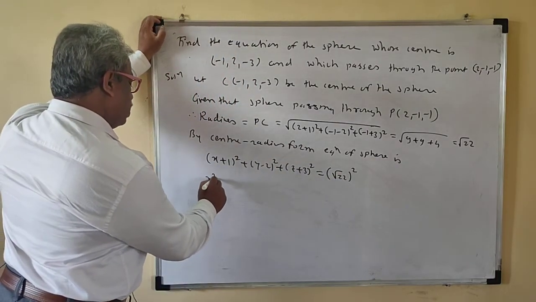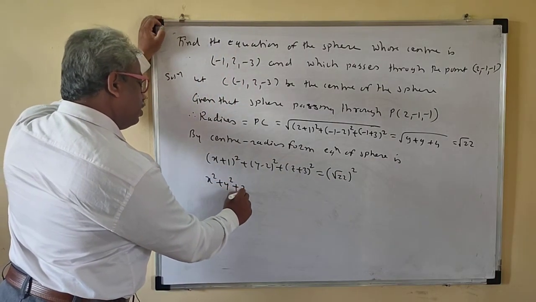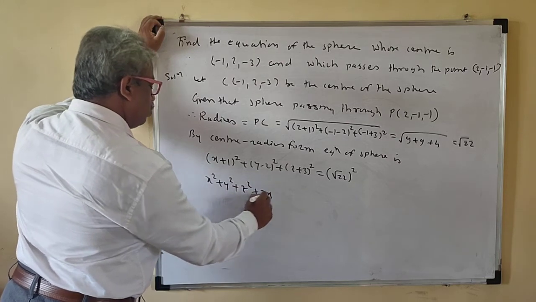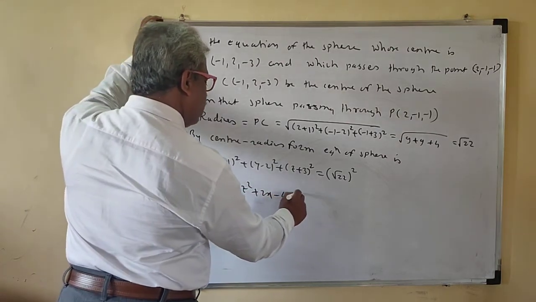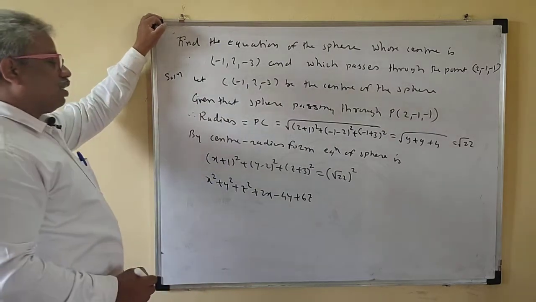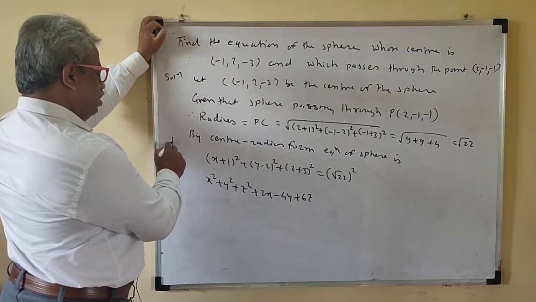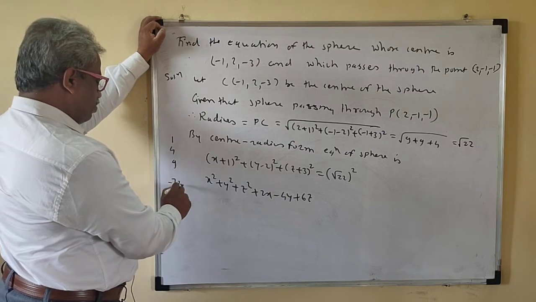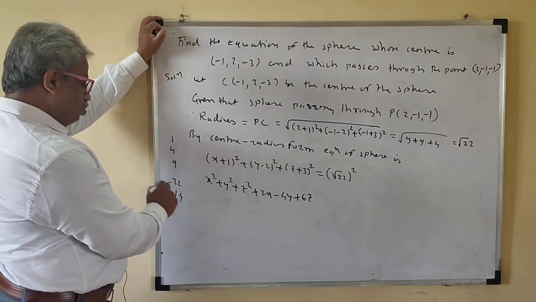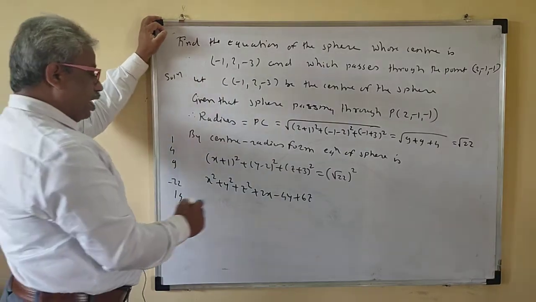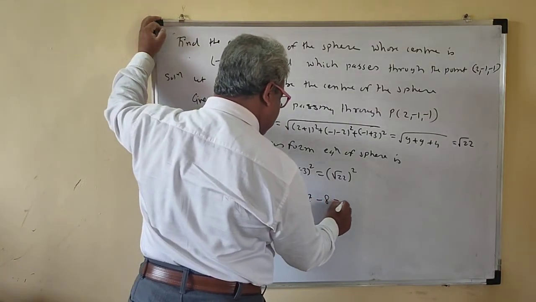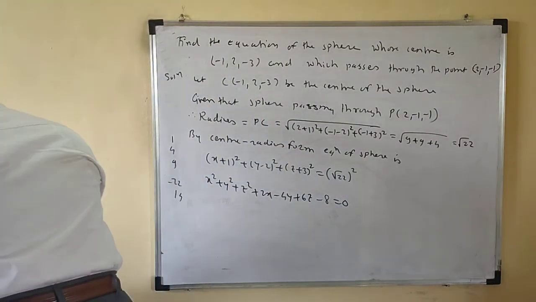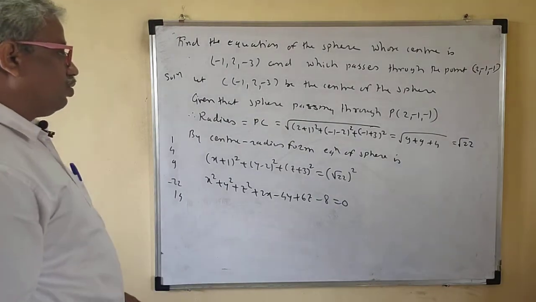Okay, so we'll write directly in the standard form: x squared plus y squared plus z squared plus 2x minus 4y plus 6z. Now what is the constant here? The constant is 1 plus 4 plus 9, which is 14, and minus 22. So you have to subtract this, which gives minus 8. Minus 8 is equal to 0. So this is the required equation of the sphere.